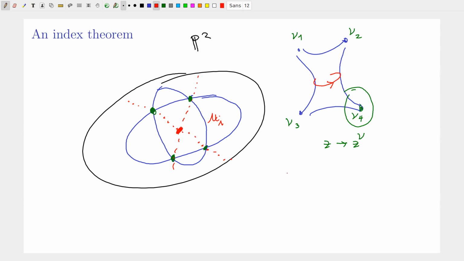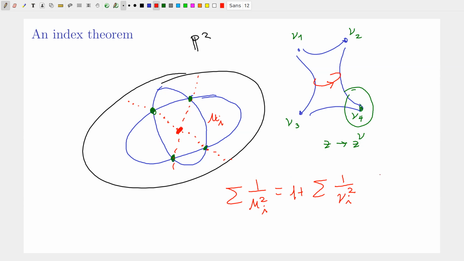So what our index theorem will say in this case is that the sum of 1 over mu i squared will be equal to 1 plus the sum of 1 over nu i squared. So these three pinchings are not independent, and we have an explicit algebraic relation relating the indexes of the structure at this pinching.